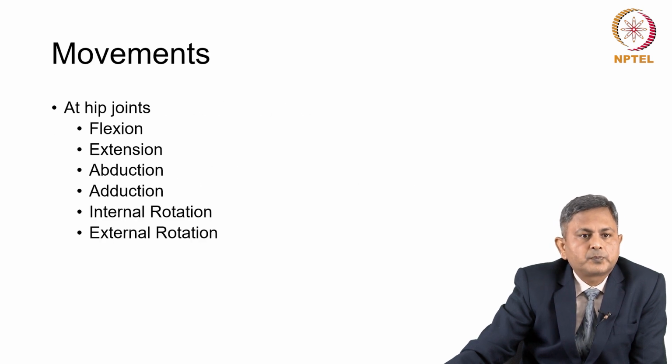Movements which occur in the lower limbs: at the hip joint, flexion, extension, abduction, adduction, internal rotation and external rotation.